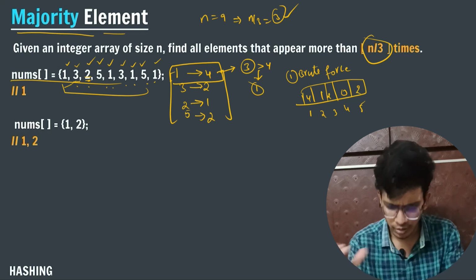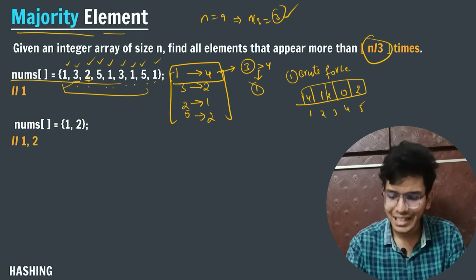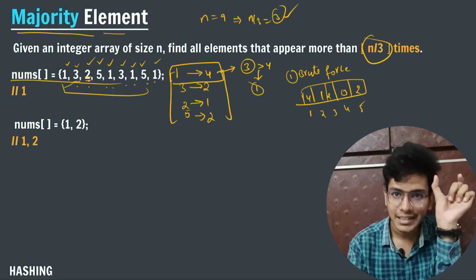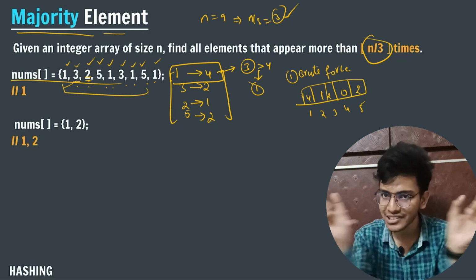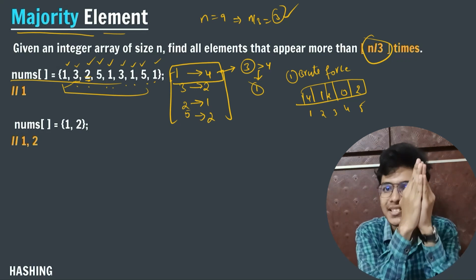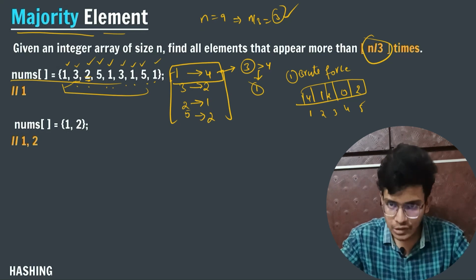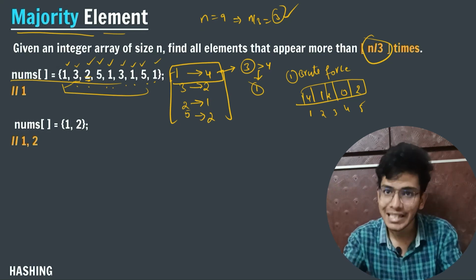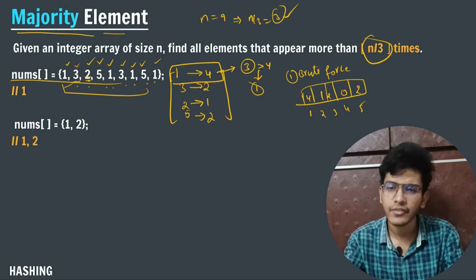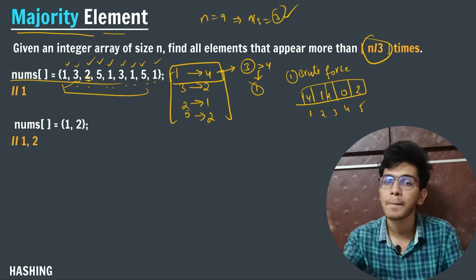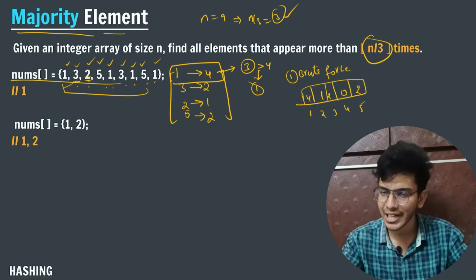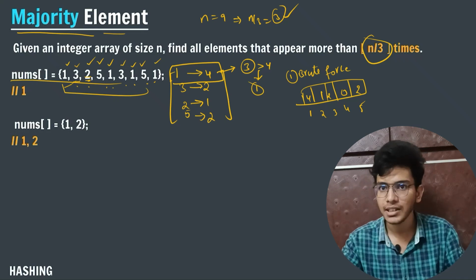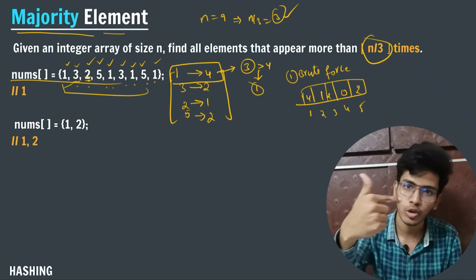So in the brute force, I will create a new array and take the least element and the max element, and the size of the new array will be based on the maximum element. Let's say I have 5 elements, so I will create 5 slots and at each index I will store the occurrence.